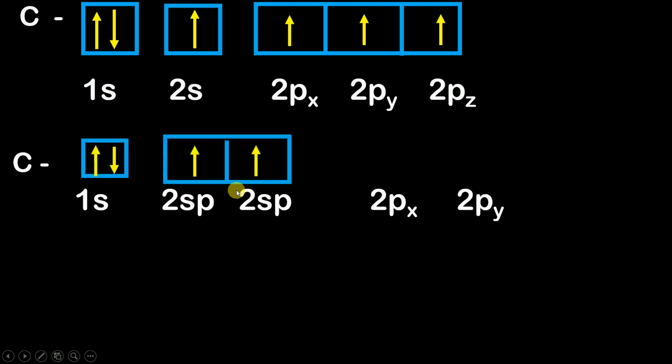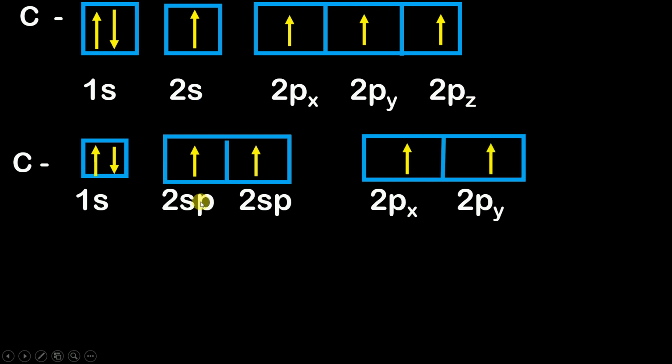See, as you can see over here, this 2s has combined with 2pz, and the new name of the orbital is 2sp, and this 2px and 2py are going to remain as they are. Nothing is going to happen to them. See over here, this 1s orbital has also remained as it is.